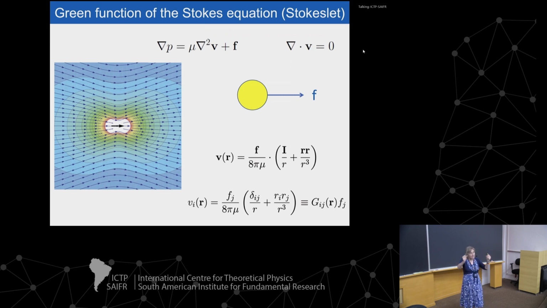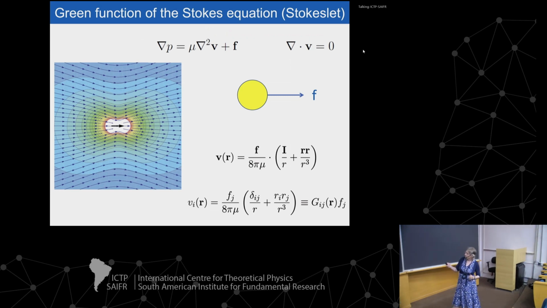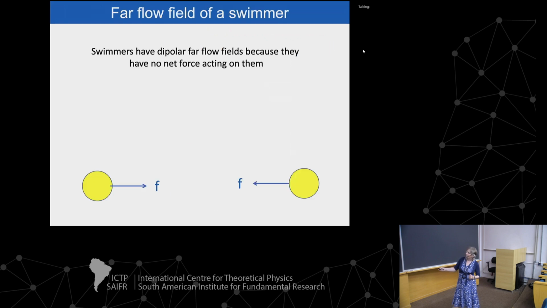Well, the easiest way it can move is by having a pair of forces. And so what we need is the flow field due to a pair of forces like that. It's called a force dipole. And for those of you that are mathematically inclined, it's the next order term in the multipole expansion.